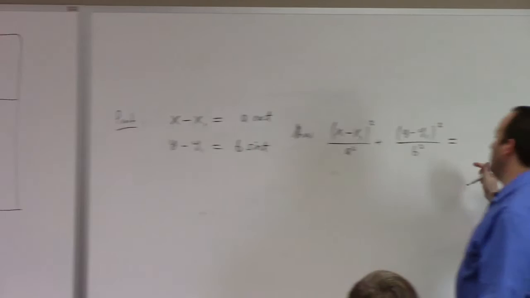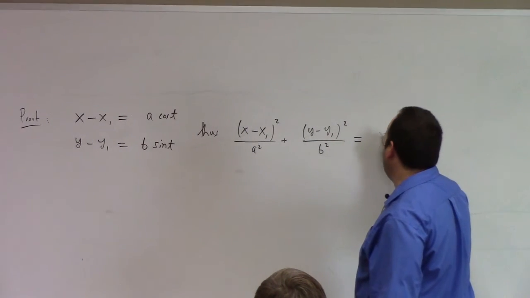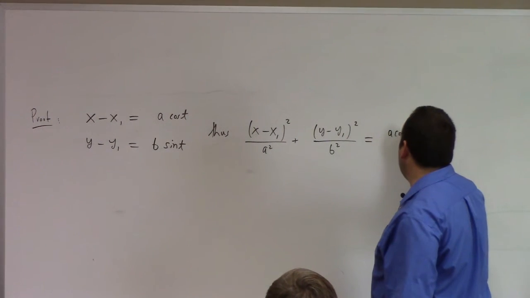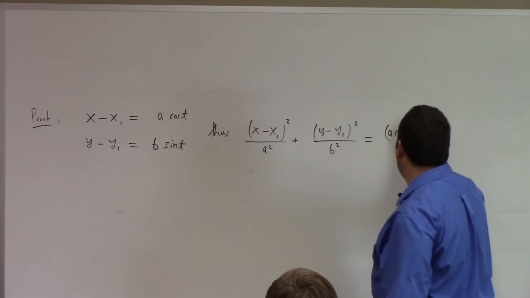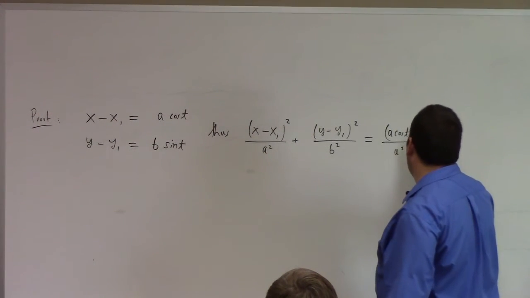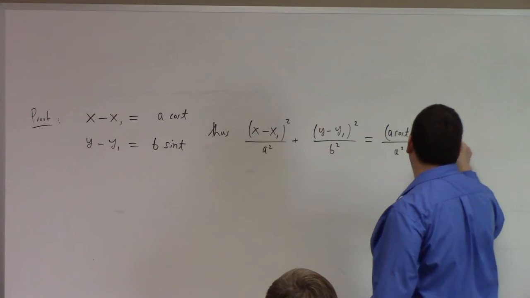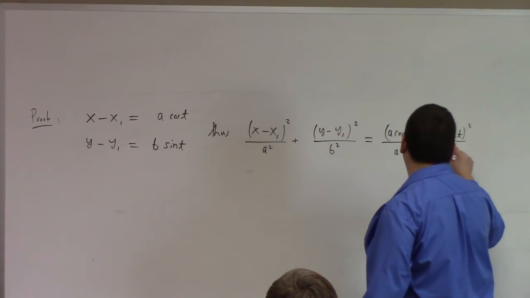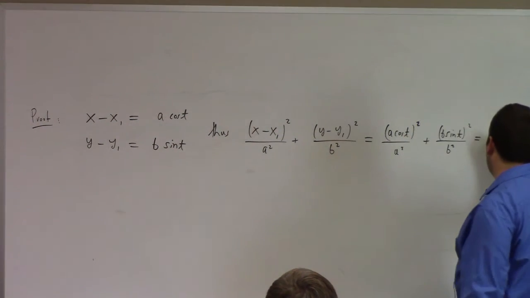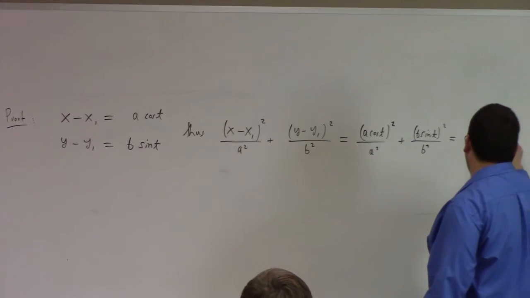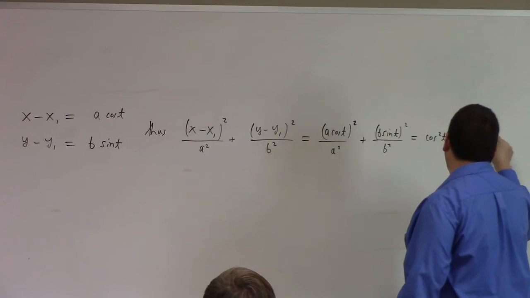So here we get a cosine t squared over a squared plus b sine t squared over b squared, which is cosine squared plus sine squared, which is 1.